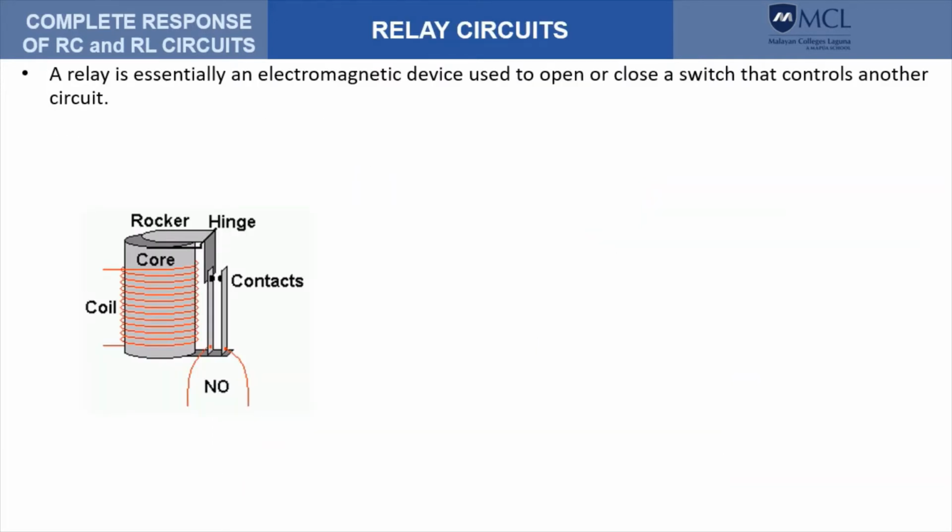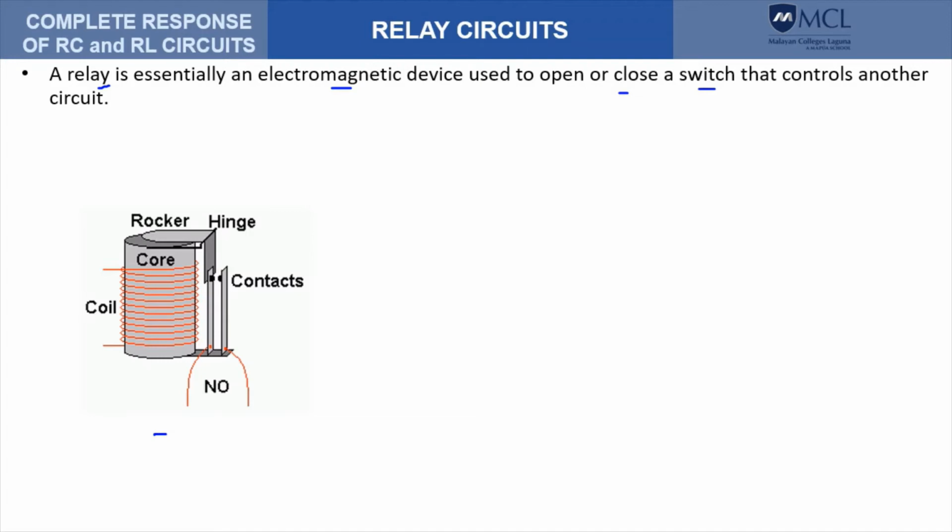Another popular application of first order circuits is in relay networks. So these are circuits that use relays, which are simply electromagnetic devices used to operate switches to control another circuit. So here we have a simple construction of a relay.